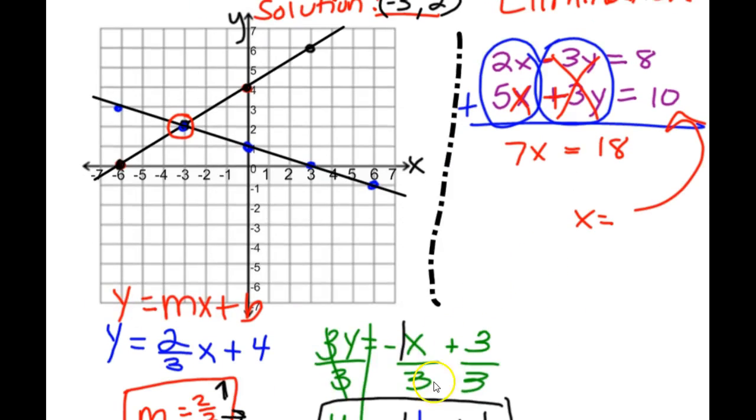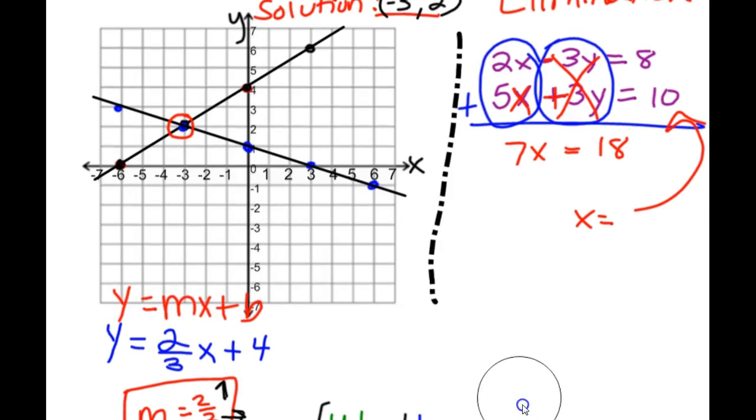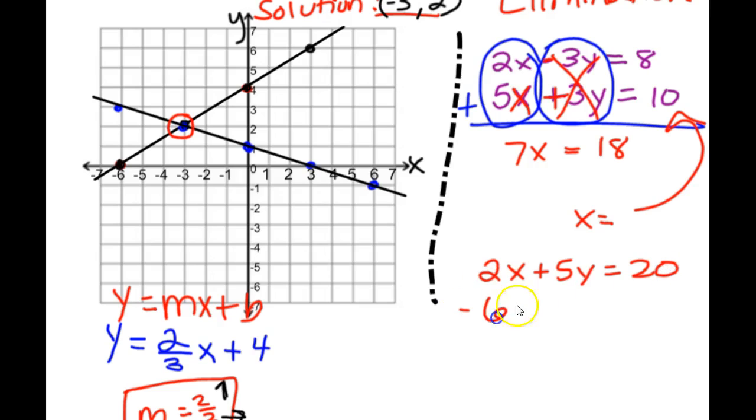Same thing if we had two other equations. What if we had 2x plus 5y equal to 20 and negative 6x plus 8y equal to negative 15?